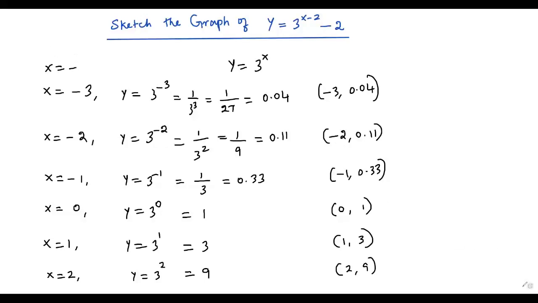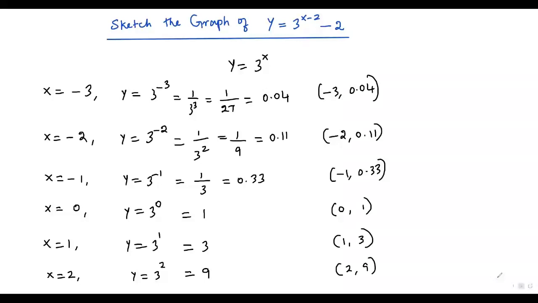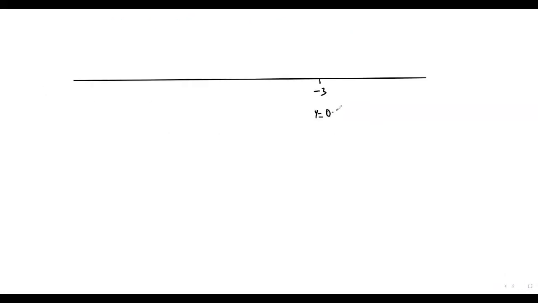When I plug in x equals -4 or -5, let me draw a real number line. When x is equal to -3, the value of y is 0.04. If I plug in x equals -4, what value will I get for y?